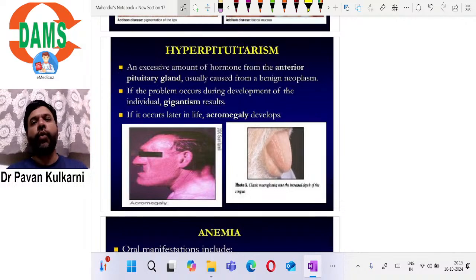One other important oral manifestation is macroglossia. The tongue also will be very large in patients of hyperpituitarism. So the two important oral manifestations to remember in hyperpituitarism are macrognathia, mainly of the mandible, and macroglossia.